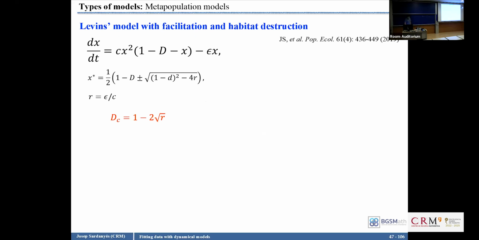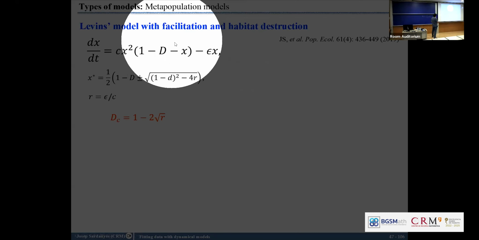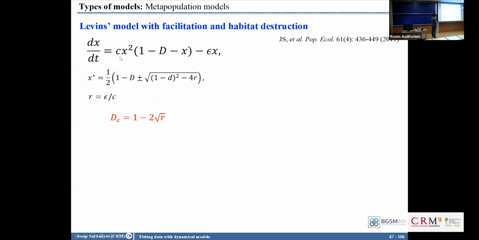So now I will explain a work that we did some time ago, and I am explaining it because here we mix different modeling approaches in order to understand the system more in depth. So this is the Levins model, the same model with habitat destruction, but as you can see here, we have the x squared.